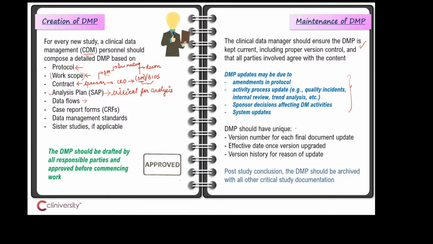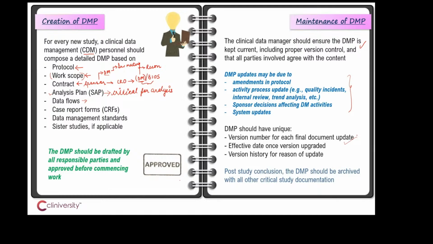So the DMP will usually have a very unique version number. Each final update should have a proper version number. The general documentation practice is that any minor version updates should be point decimal upgrades. So let's say version 1 was the final version, and after that a very minor change has been made to the DMP. Okay. Then they would probably just put this as version 1.1 as a new draft.